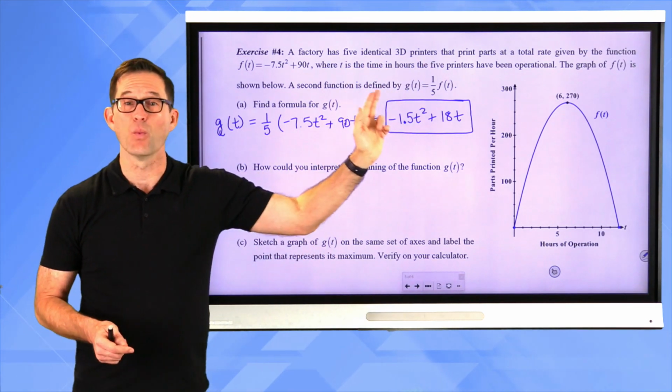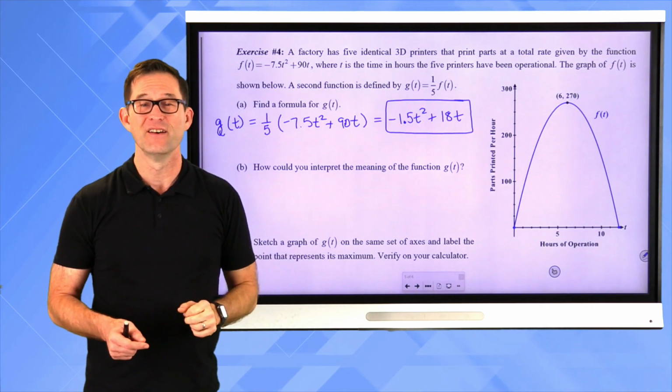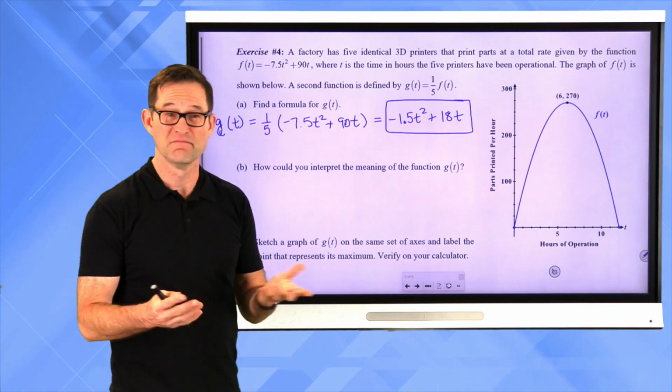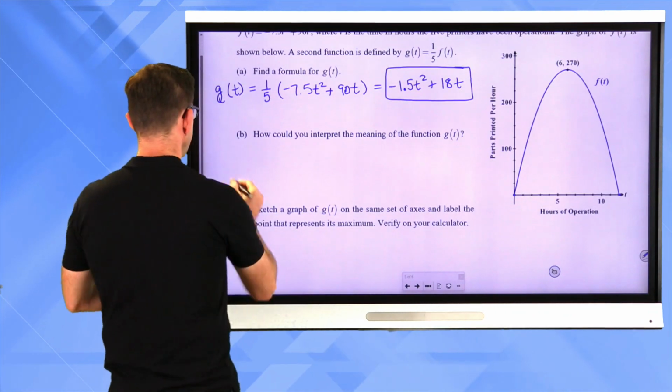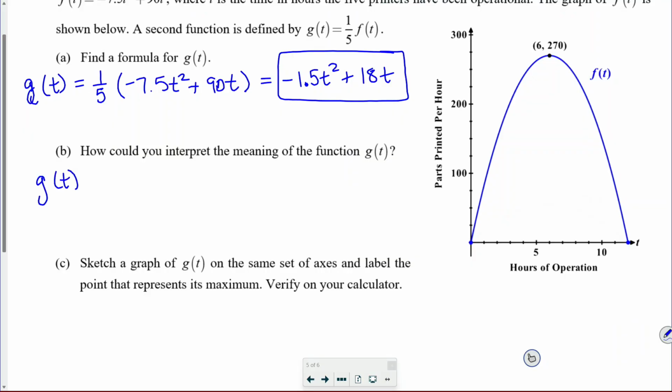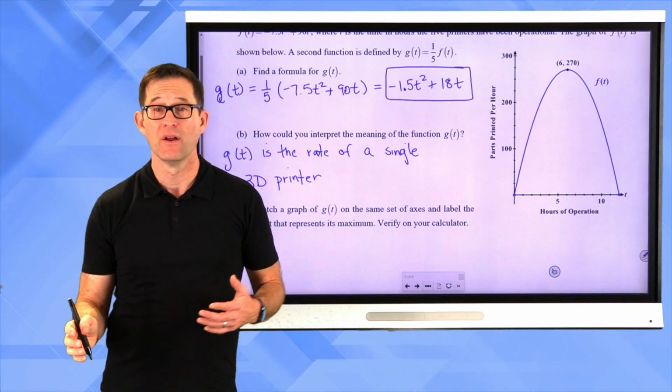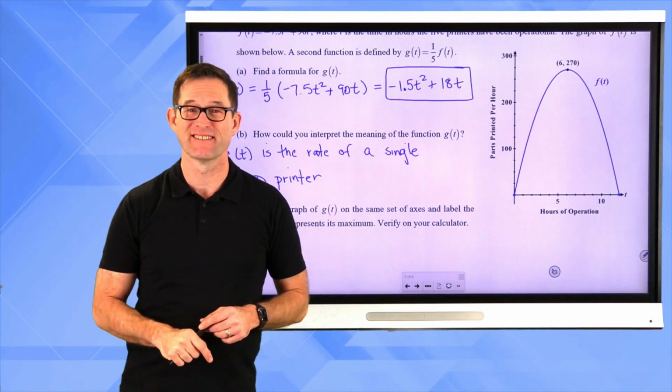G of t is 1/5 of f of t, so g of t is the rate of a single 3D printer, right? That's it. And it's important to be able to interpret what functions are trying to tell us.